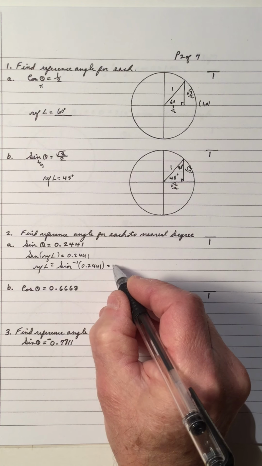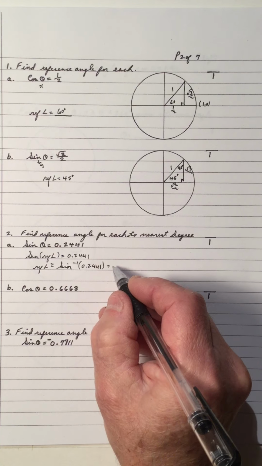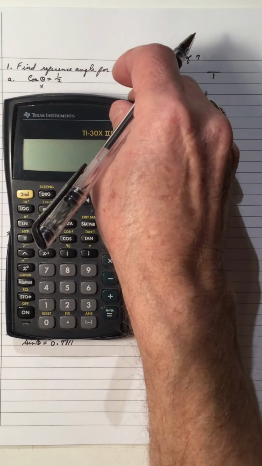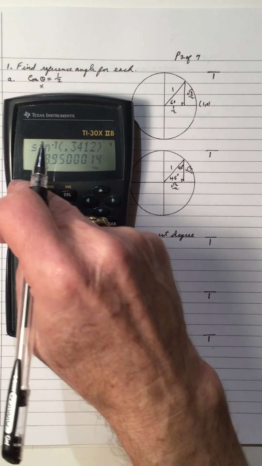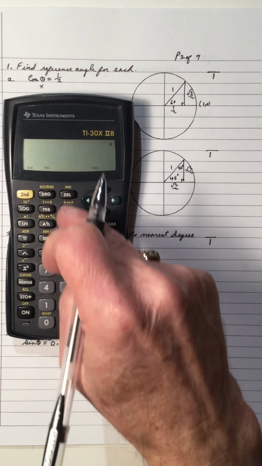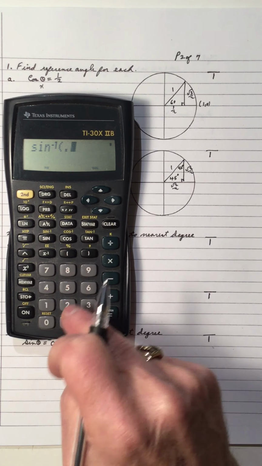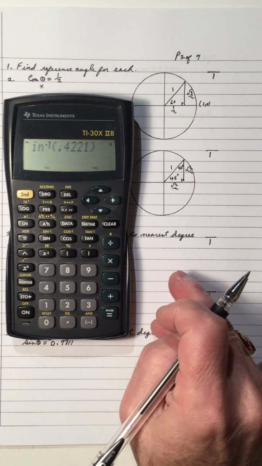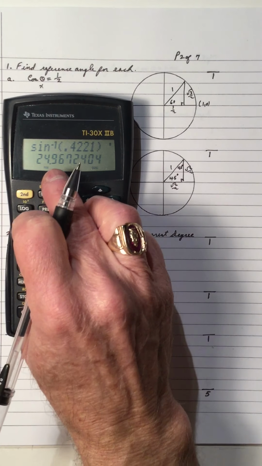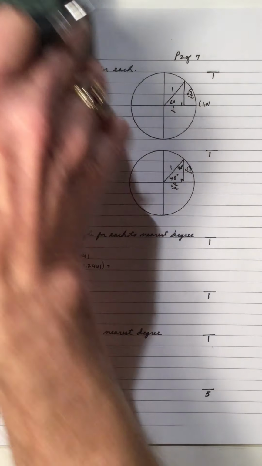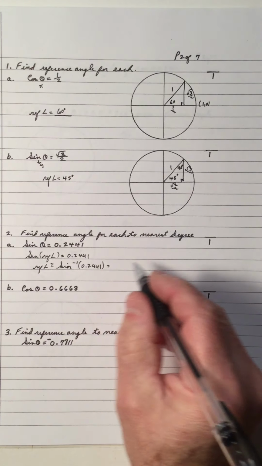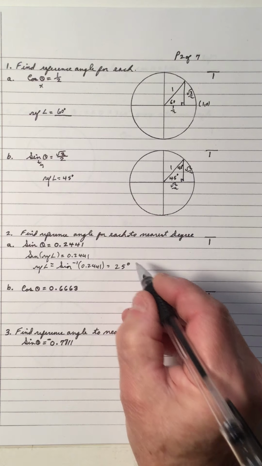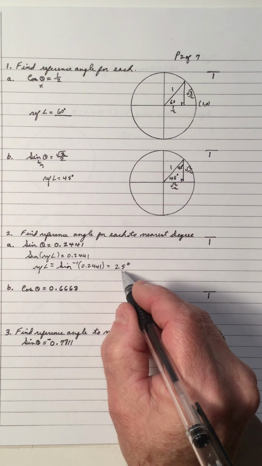You do that on your calculator. Let's clear it. Inverse sine of 0.2441, and we get a reference angle of 24.9, which is 25 degrees. 25 degrees is the reference angle. Okay, give yourself a mark if you have 25.